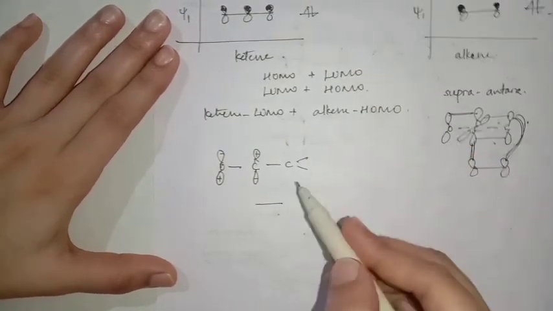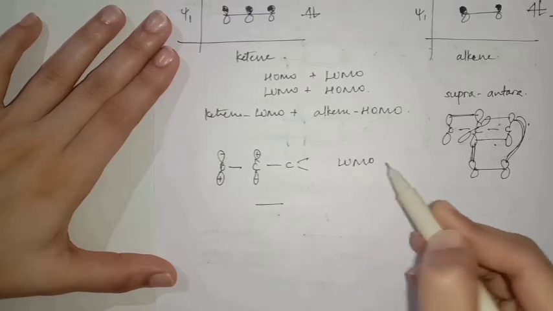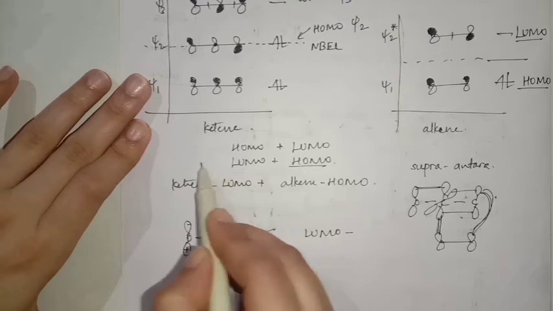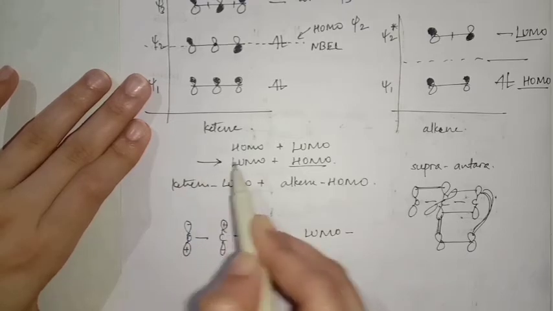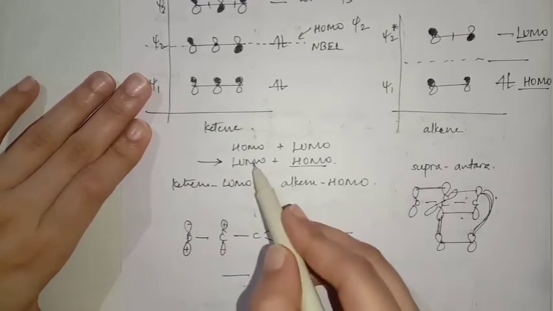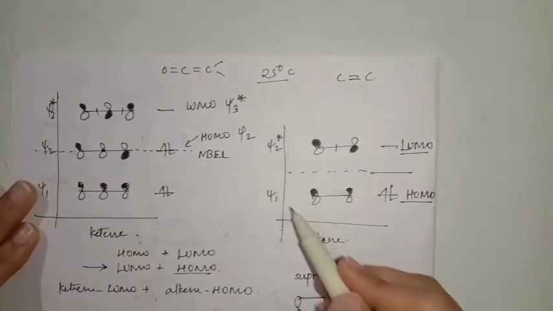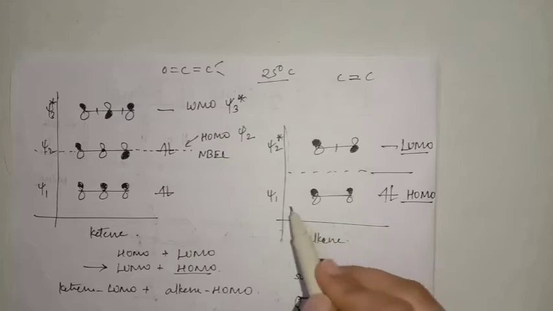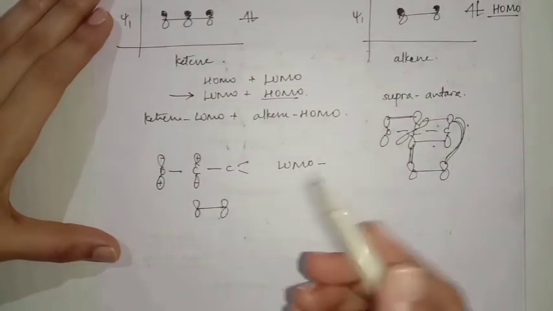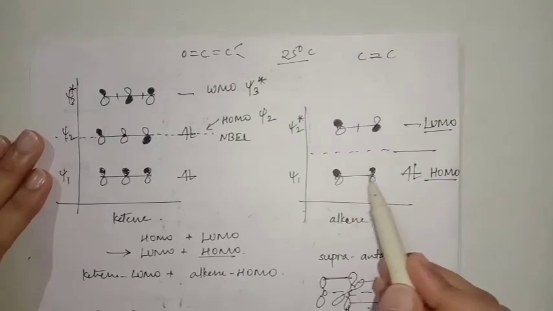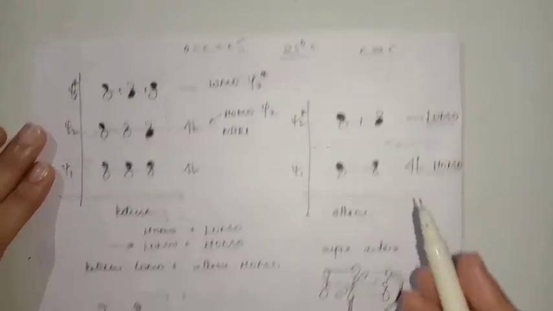We have to take now, this one is the LUMO, right? LUMO for the ketene molecule. Now we have to take the HOMO of the alkene molecule, since we are doing the second reaction. LUMO of the first molecule, the LUMO of ketene, we have already taken. Which one is the HOMO of the alkene molecule? This psi1 is the HOMO. In case of psi1, both orbitals have the same sign in the same direction.